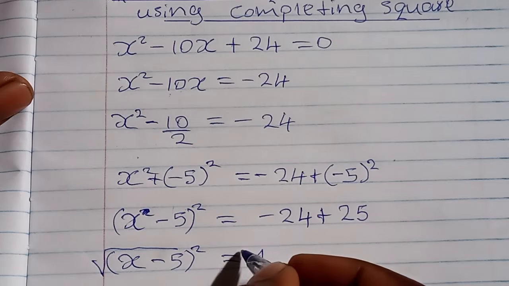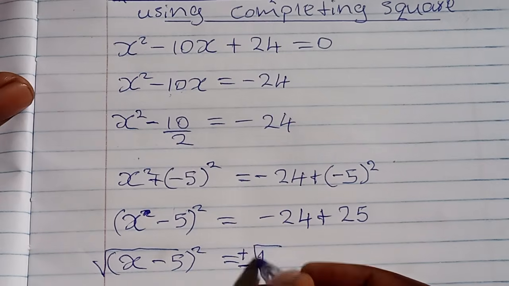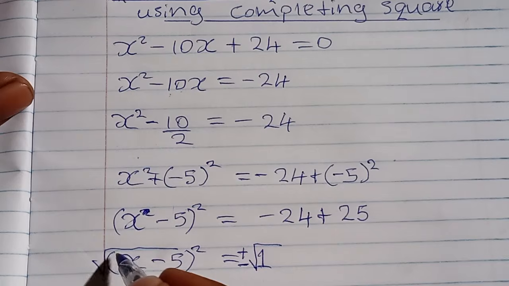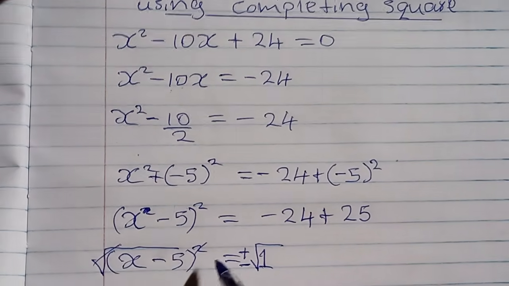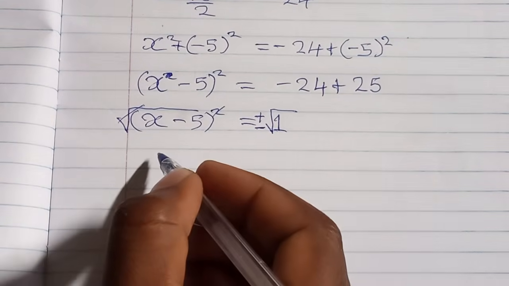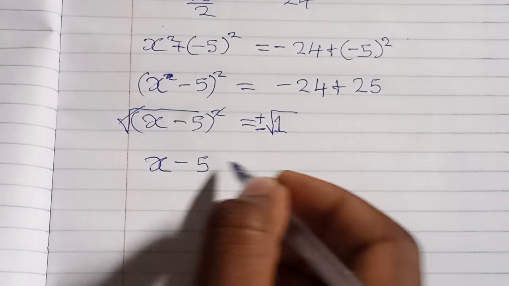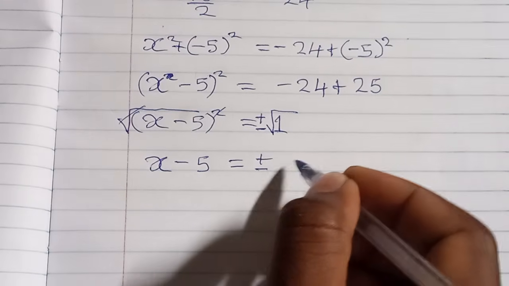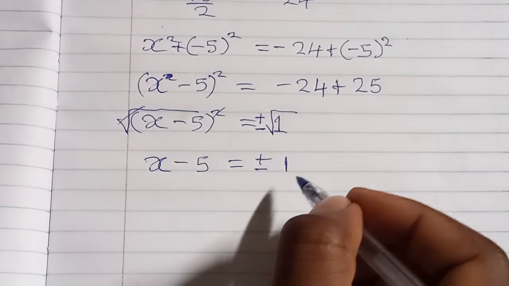It will be plus or minus, because we have introduced a square root. Then this square root and this square will cancel each other. Then we are going to say x minus 5 is equal to plus or minus 1, because the square root of 1 is 1.